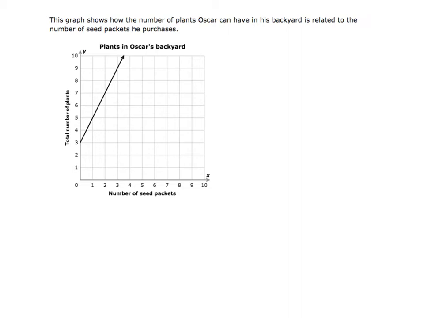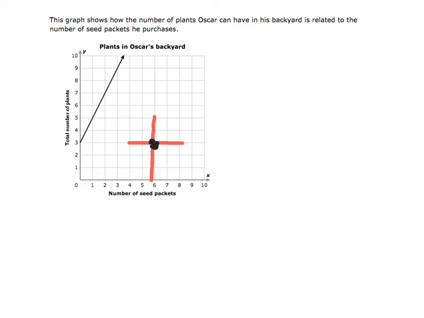The key for me is to look at where the graphed line goes through an intersection. What do I mean by intersection? Look at these gray lines, the vertical ones and the horizontal ones. Where they cross, that dot, is what I'm calling an intersection.